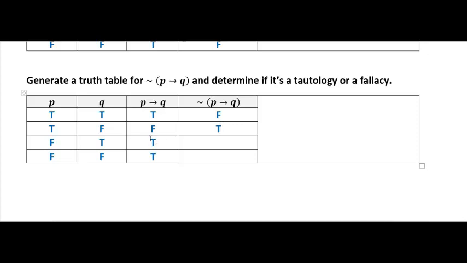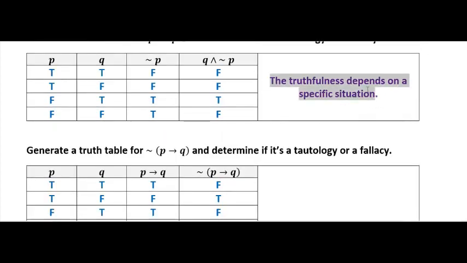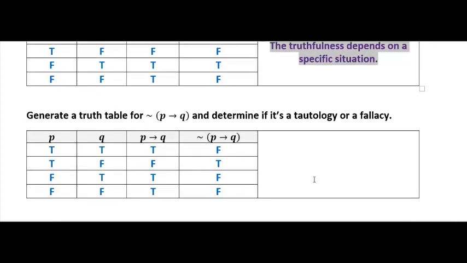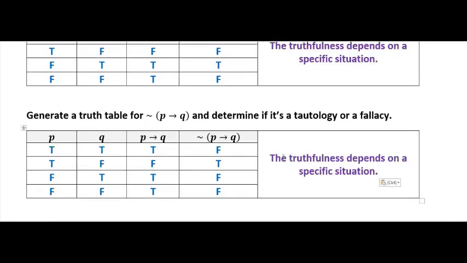Instead of true in here, I'm going to put false, and instead of true I'm going to put false. Again, not all of them are false, not all of them are true, so it's not a tautology, it's not a fallacy. This statement's truthfulness depends on a specific situation too.